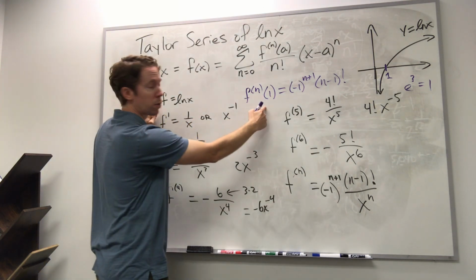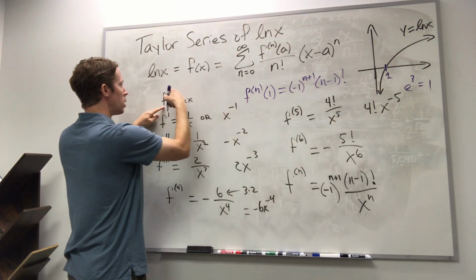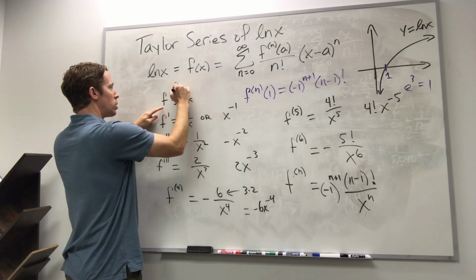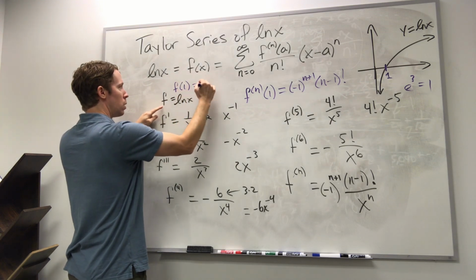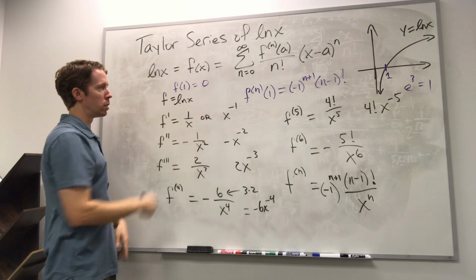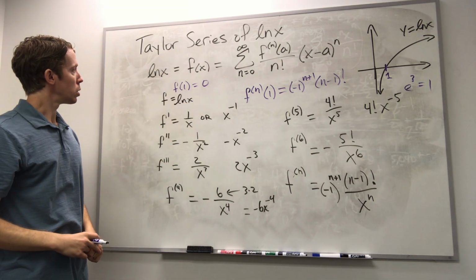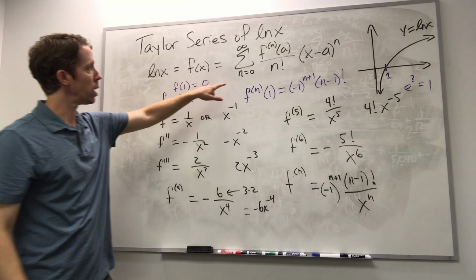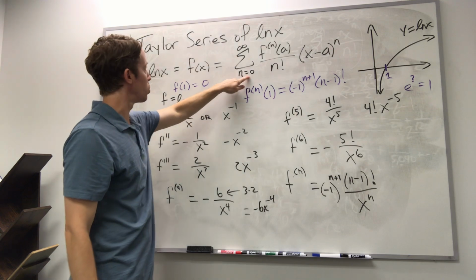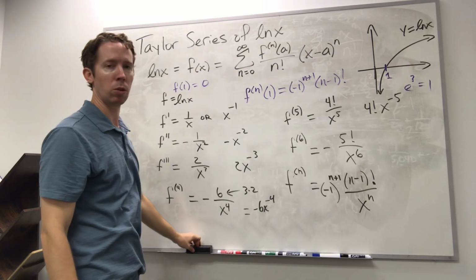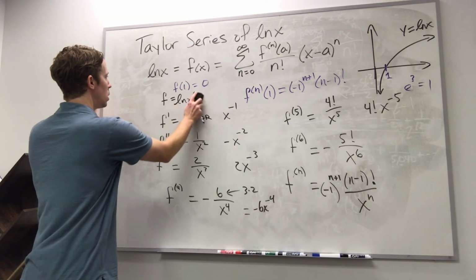So this works for all n greater than 0, and then for the original function, natural log of 1 is 0. So that constant term goes away. That means I'll be starting at n equals 1 in my natural way to write this series.